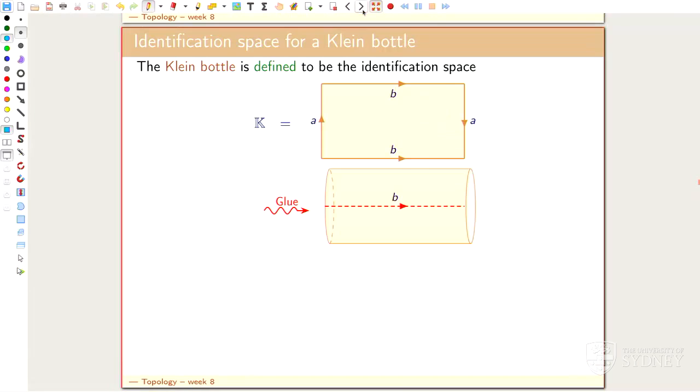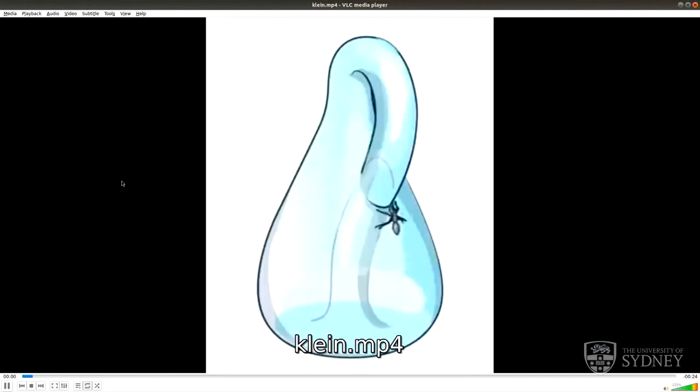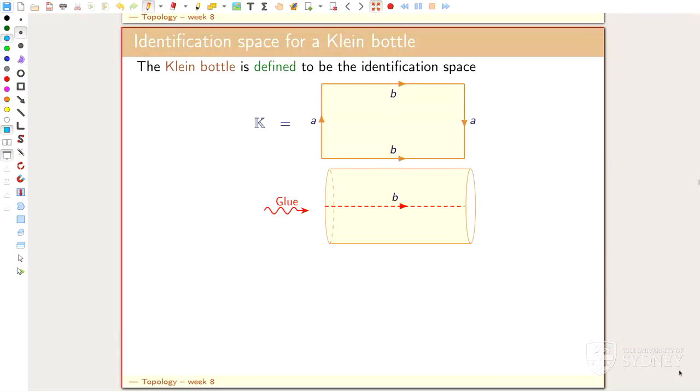So let's do the next one. The Klein bottle. In case you don't remember what the Klein bottle was, it was this funny space here, where the ants, where outside and inside are the same. So let's see what we can do with this funny space. If I just did it the other way around now, I just glue instead of cut.